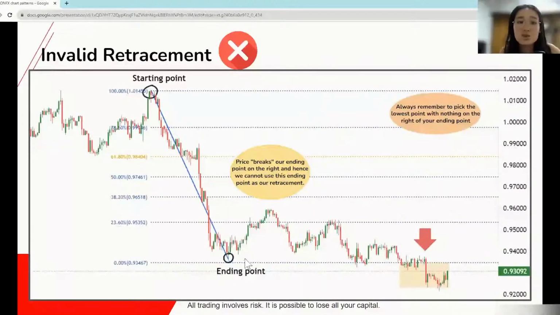Because this is no longer the lowest point, it cannot be your ending point. Okay, so we always want to remember to pick the lowest point with nothing on the right of your ending point. This is a bad example to use for a Fibonacci retracement, basically, because price has already broken out of it.